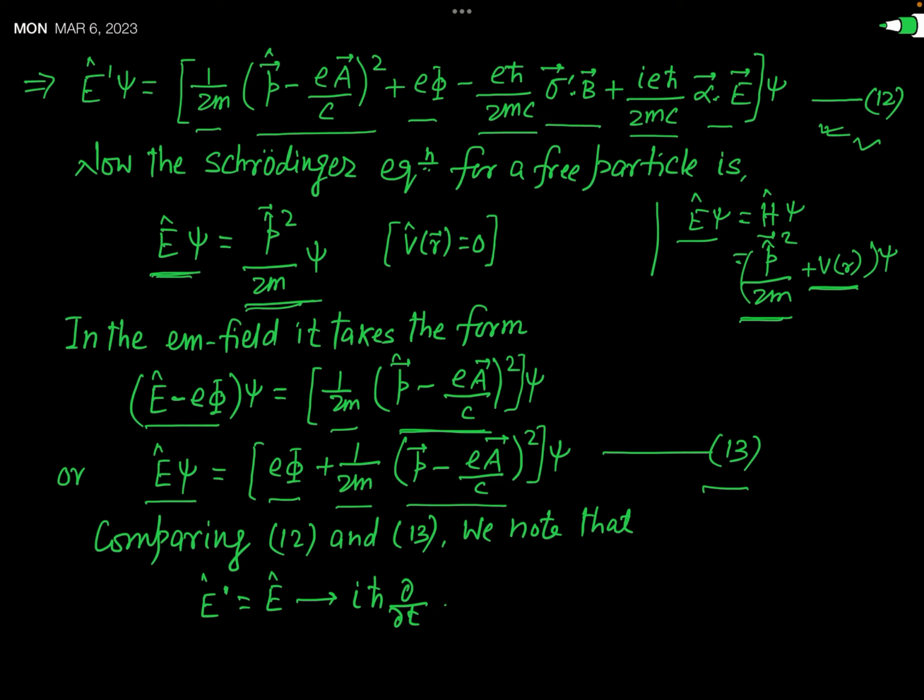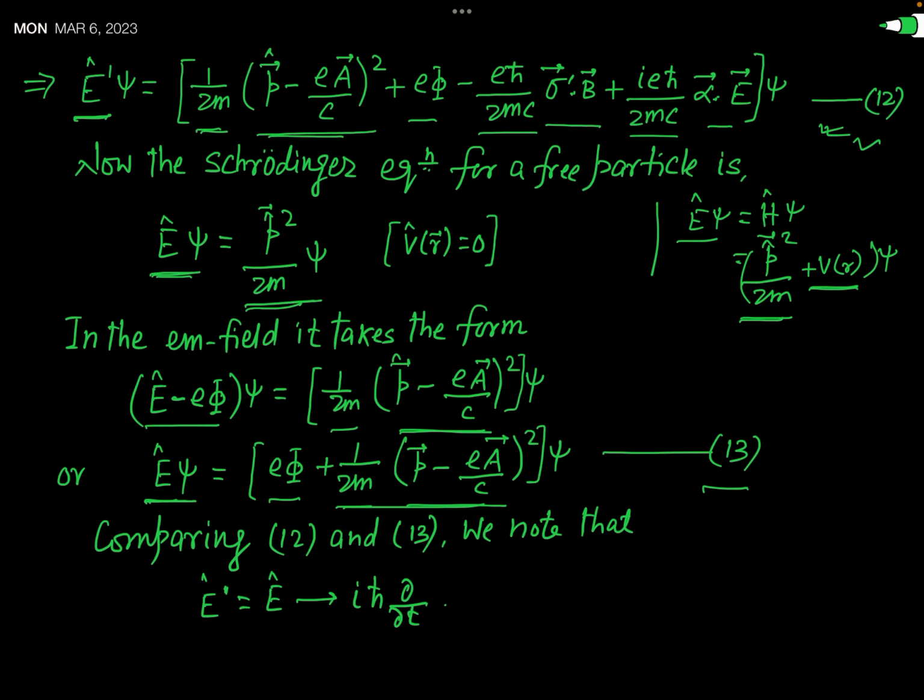In place of E dashed in equation 12, there is E hat in equation 13. And 1 over 2m times P minus EA whole square is already present here.